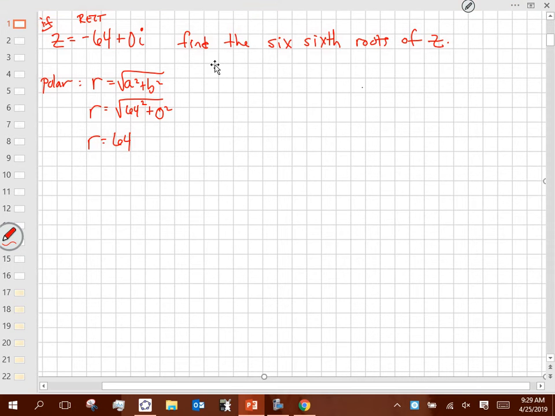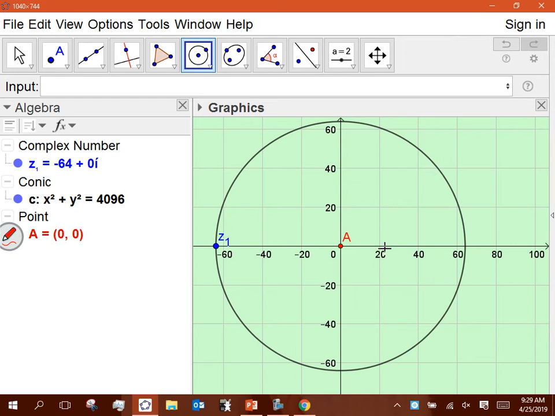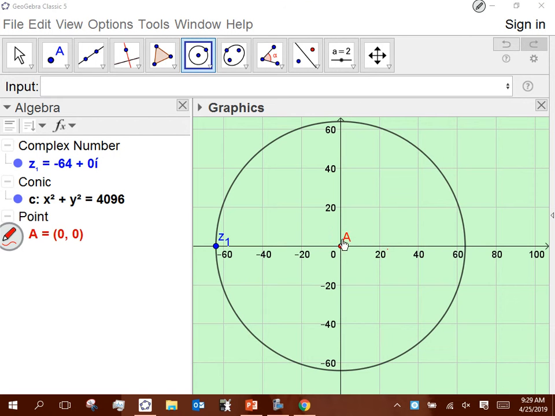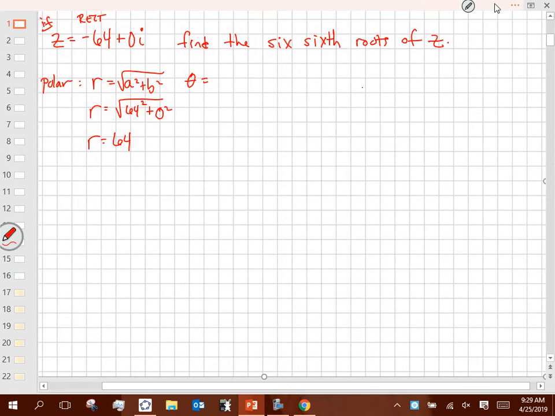Now theta. It's easy if we look at this picture. Theta would be the angle from the positive polar axis to z sub 1, right? How big is that angle? 180 degrees, right? Or pi, whatever you want to use. Now, if you were to use this formula, theta is equal to tangent inverse of b over a, so you have 0 over 64, which gives me 0.